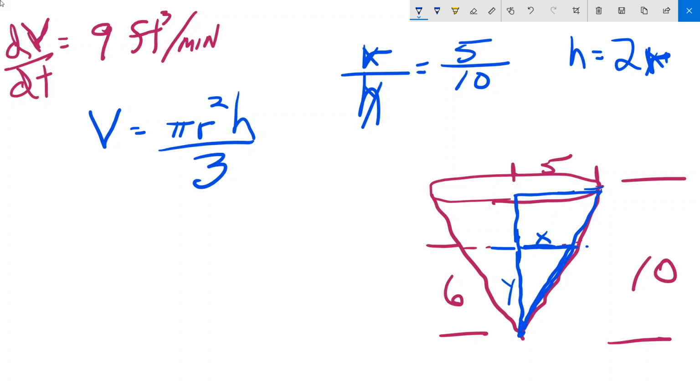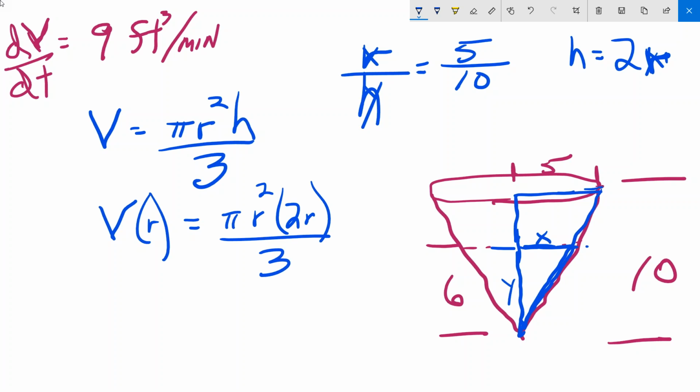So now let's go back into this equation and rewrite it all as a function of r. So pi r squared, h is 2r. Now we can differentiate it with respect to t.